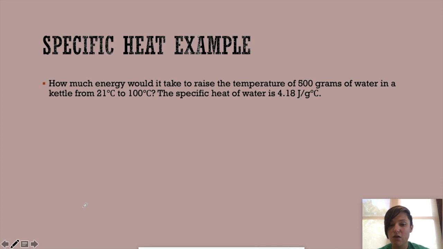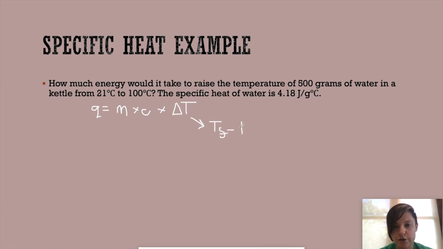So we have to recall our specific heat equation, which is Q is equal to M times C times delta T, and then I'm also going to write down here that delta T represents temperature final minus temperature initial. Okay, so we'll need to find each of these things.